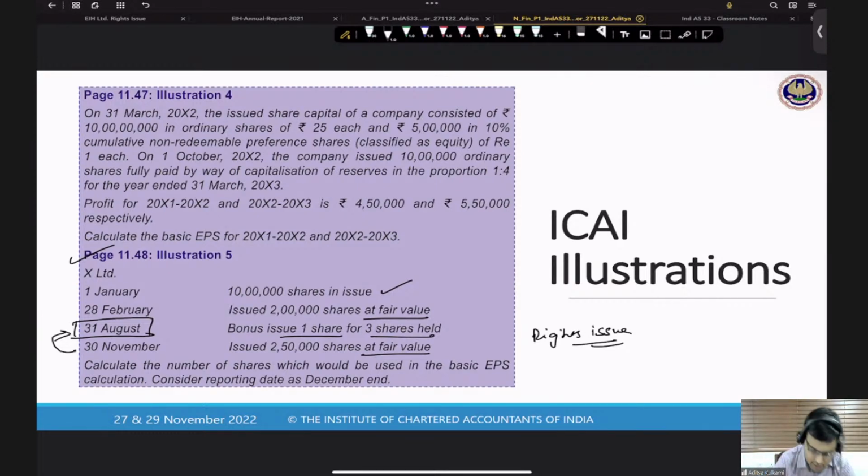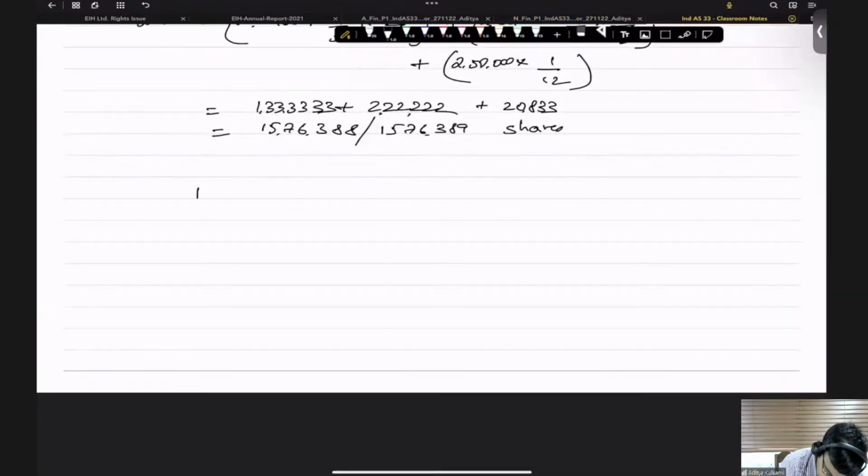Have you understood? See, a rights issue is always going to be below the fair value. Why? Because it is like a guarantee which the company is getting. It does not need to hunt for investors. There are existing investors. It can make an offer and then the existing investors can subscribe. So a rights issue is going to be lower than the fair value.